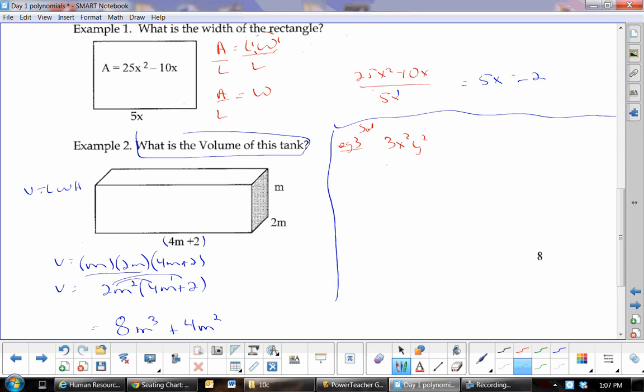Solve 3x squared y squared plus 2x squared y plus 3x if x equals 5 and y equals -1. Okay, try it out in your calculator. See if you can get it.